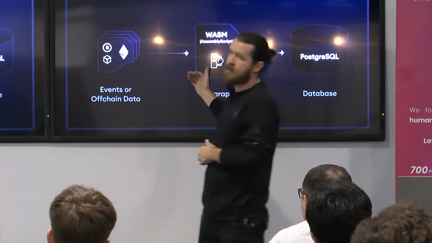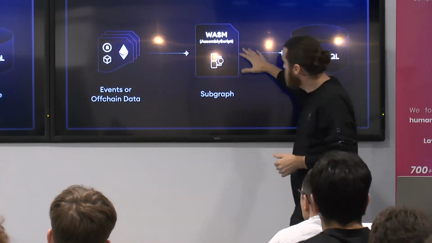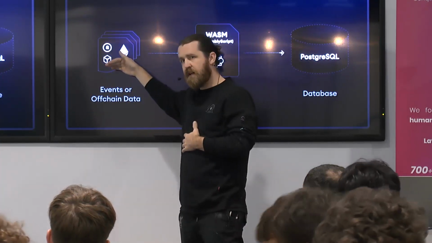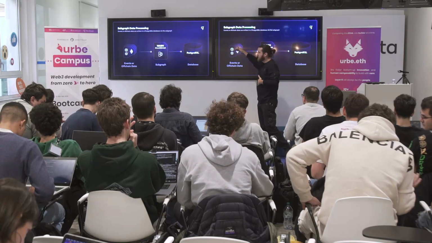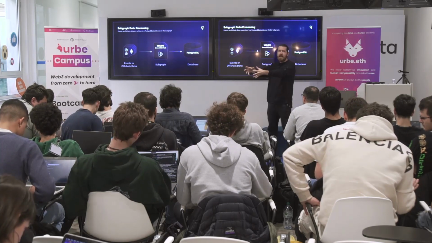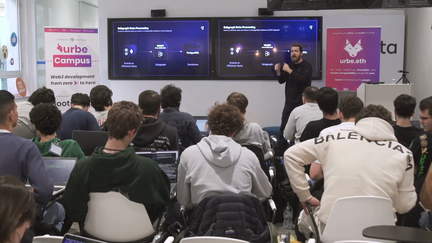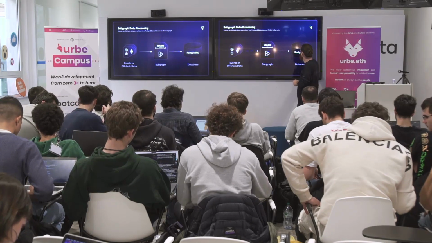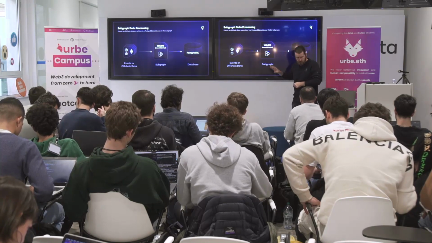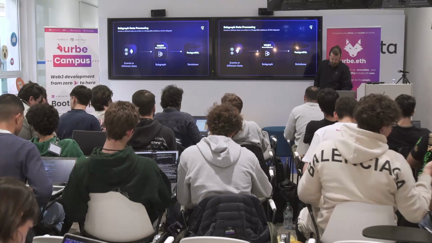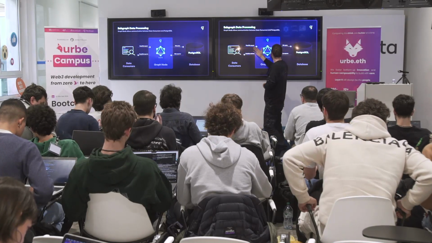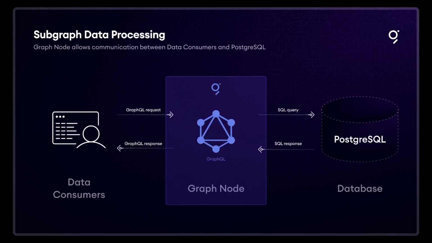You can do that with data processing, because you have your AssemblyScript, your WASM module, that listens for these events or can query these decentralized protocols, takes that data in, processes it how you want, customized here in AssemblyScript, and stores it in Postgres. That's what the indexers are doing behind the hood. And then the consumers that want to consume that data make a GraphQL request with exactly what they care about.